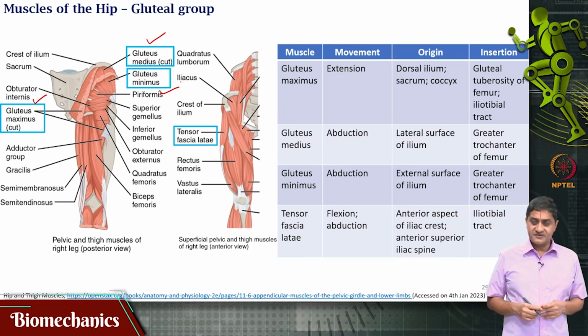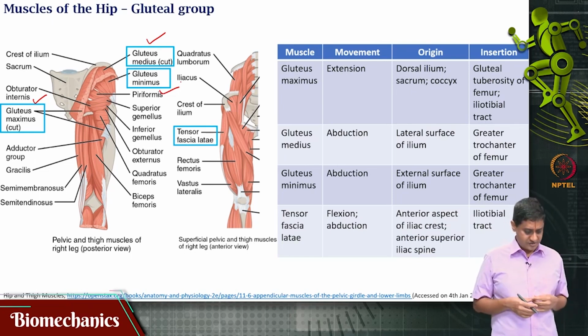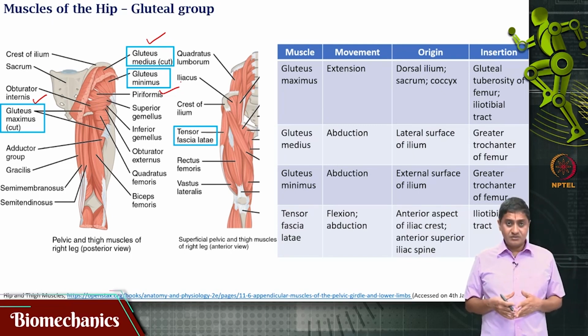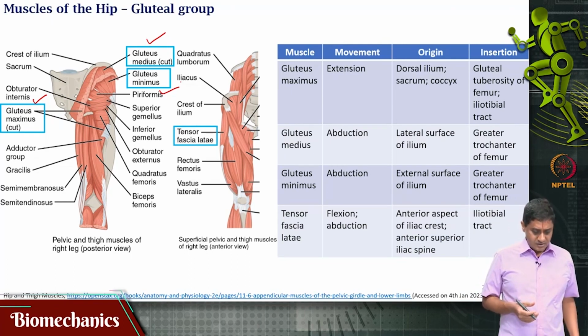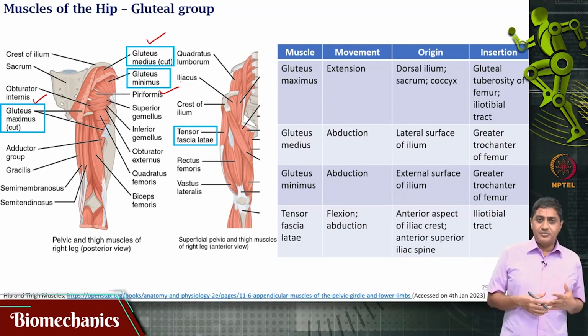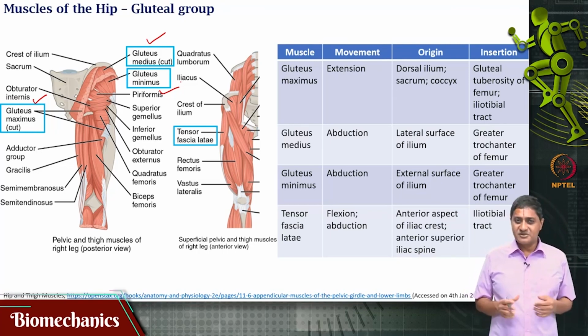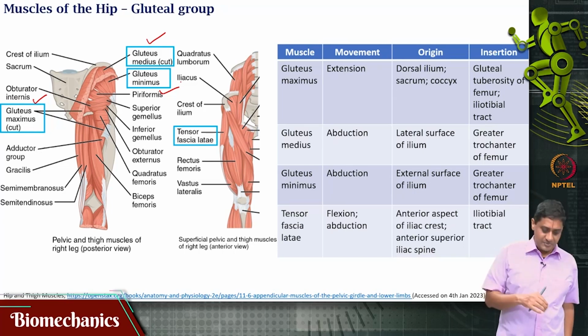This is called the gluteal group, or the muscles of the gluteus, or the glutes to be short. The largest and most superficial is the gluteus maximus muscle. More deep is the gluteus medius and even more deep is the gluteus minimus muscle. The size also reduces as it goes deeper, something to keep in mind.